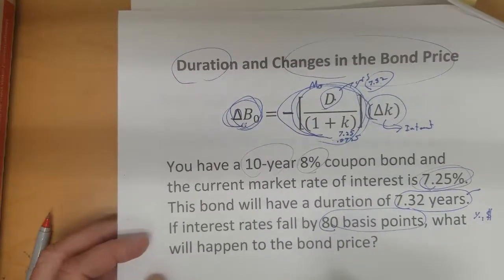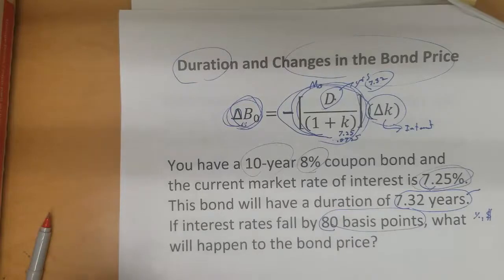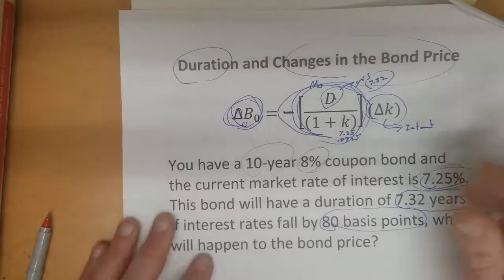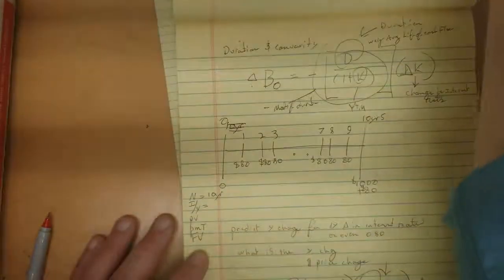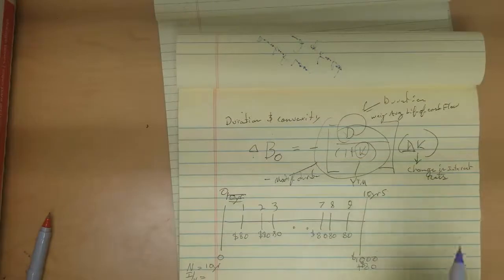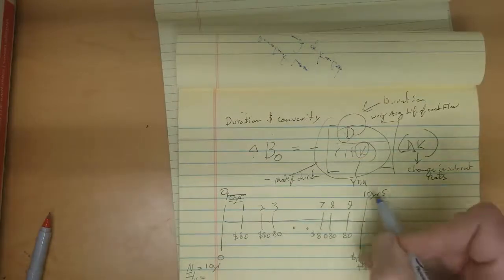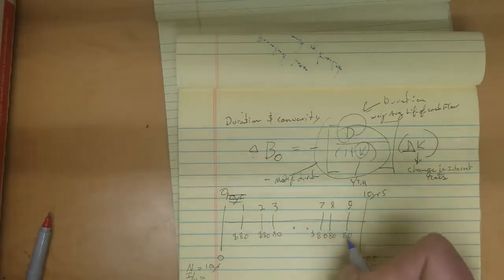Now, in this case, what's going to happen to the bond price? How will it change in percent terms? How will it change in dollar terms? Here's the formula. I rewrote everything. How is the bond price going to change? I took the bond. It is a 10-year bond, annual, paying an 8% coupon.